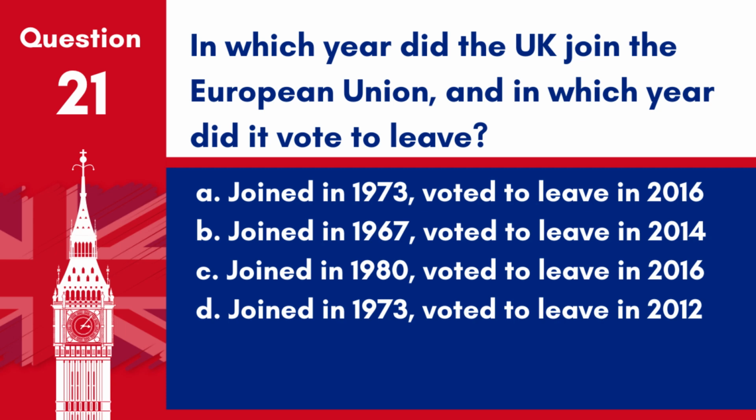C. Joined in 1980, voted to leave in 2016. D. Joined in 1973, voted to leave in 2012. Answer: A. The UK joined the European Union in 1973 and voted to leave in 2016.